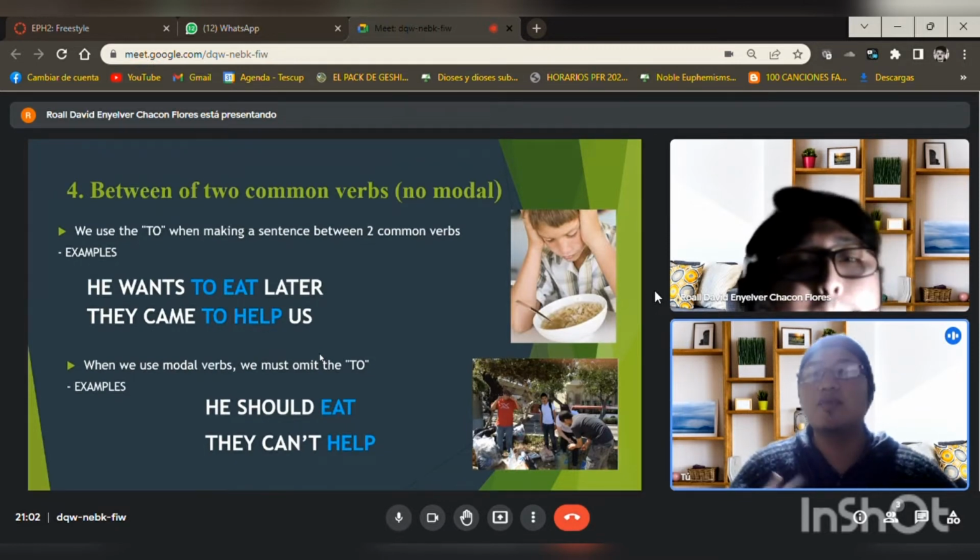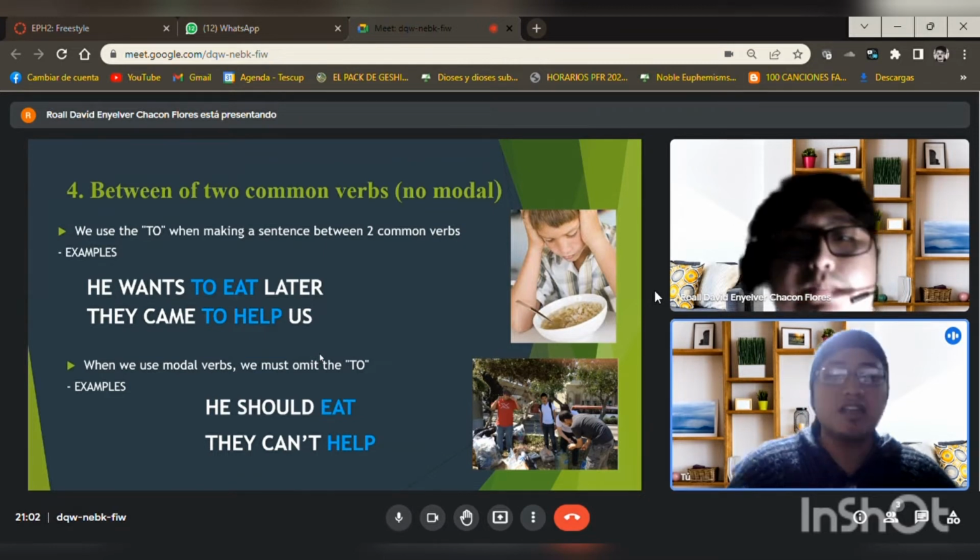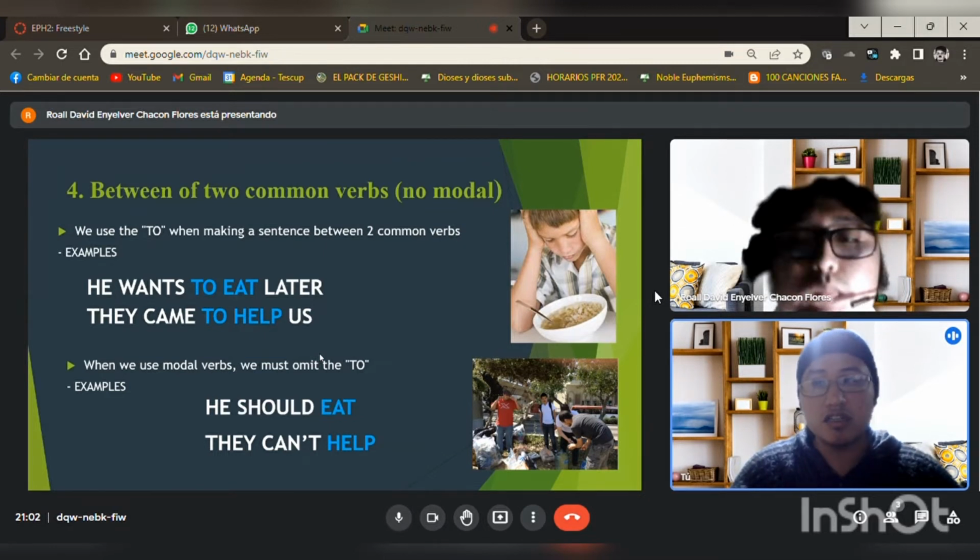Case number four: between two common verbs, not modal. We use 'to' when making a sentence between two common verbs.